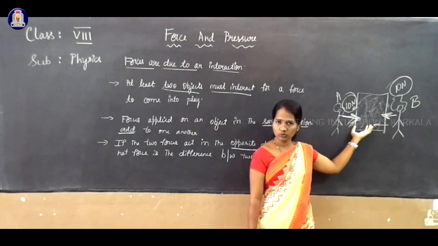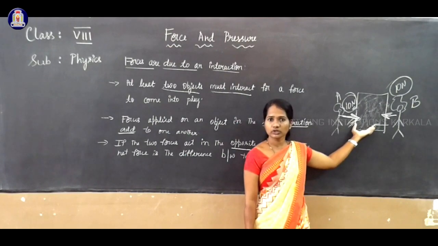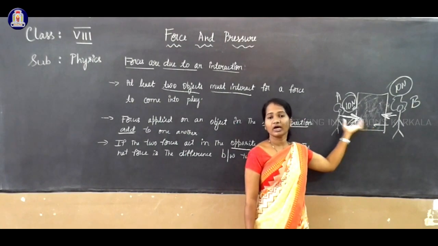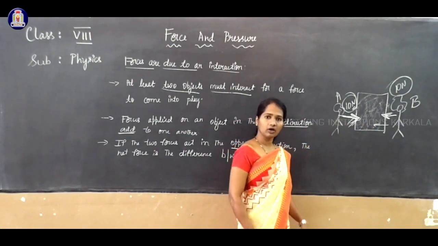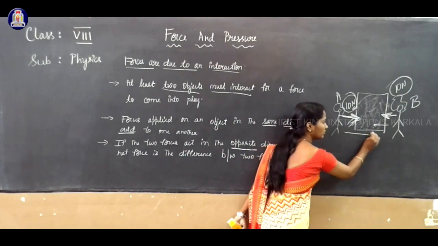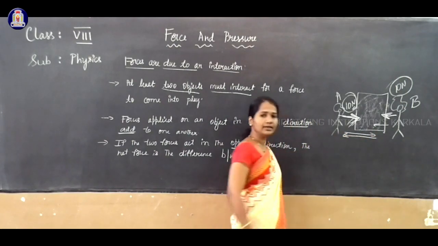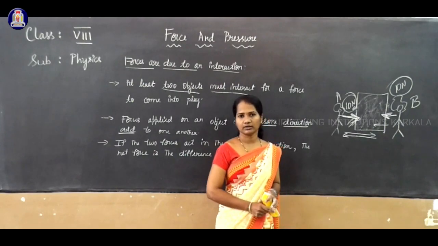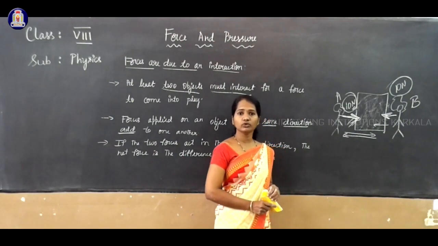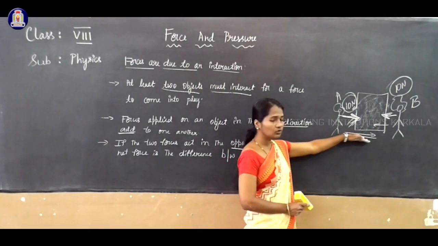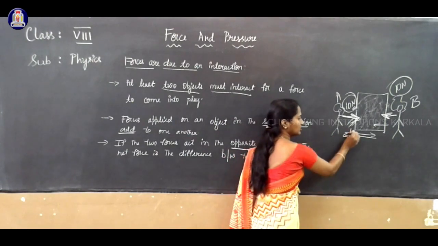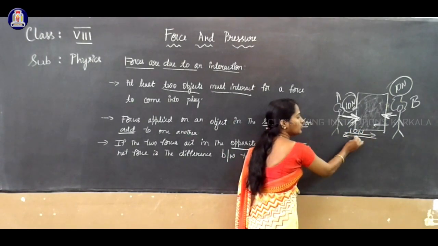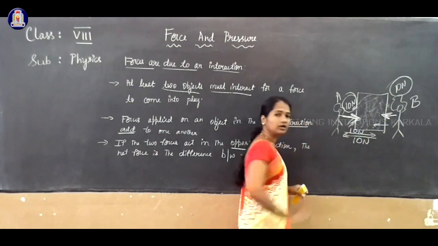Does this box move? The box is not moving. Why is the box not moving? Because the same amount of forces are applied opposite to each other. In this direction 10 Newton of force, in the opposite direction 10 Newton of force.